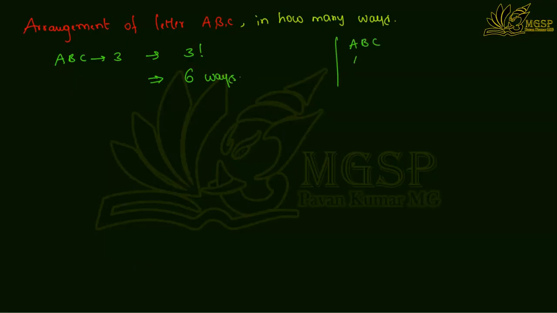ABC, ACB, CAB, CBA, then BCA. 1, 2, 3, 4, 5. One more term is left, that is BAC. So there are in total 1, 2, 3, 4, 5, 6. So there are 6 ways of arrangement.